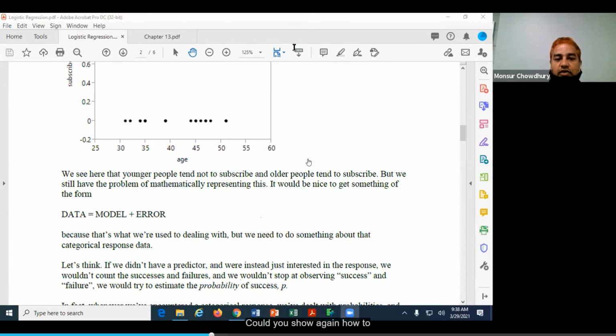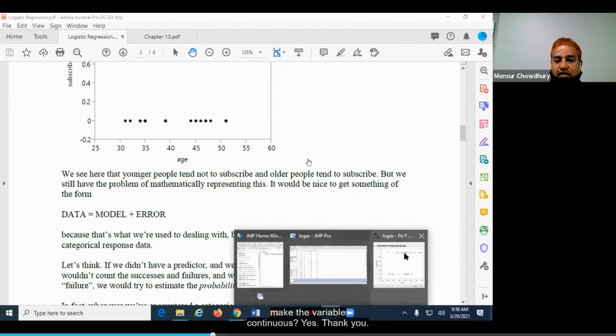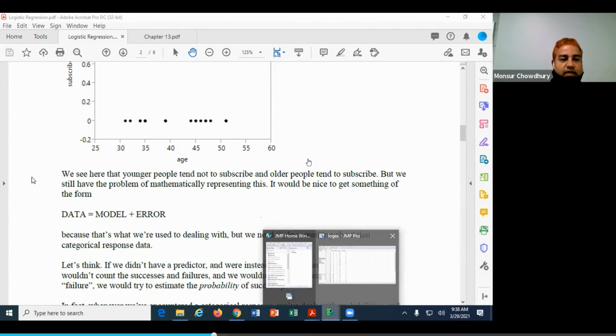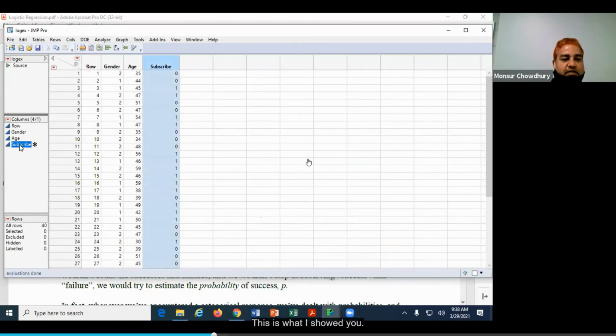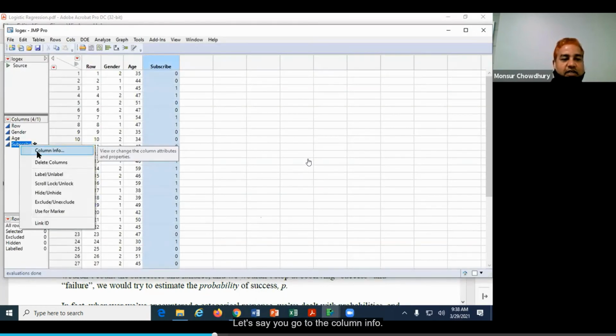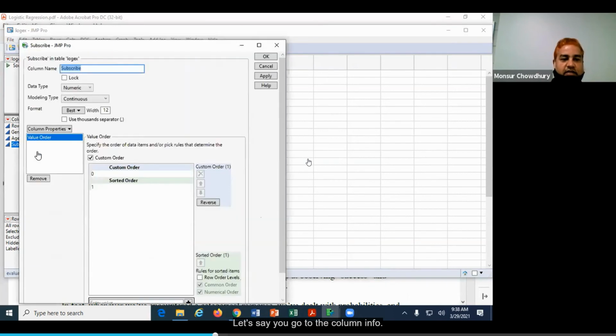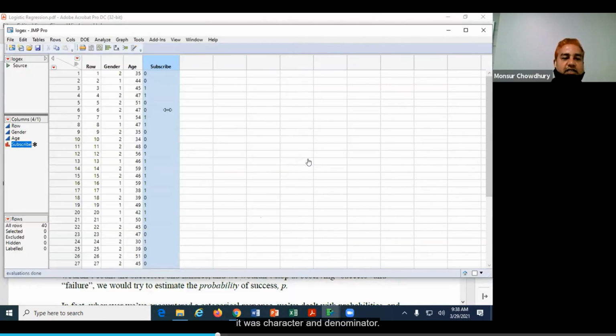Could you show again how to make the variable continuous? Yes, let's go back. Go to the column info. At the beginning it was character and nominal.